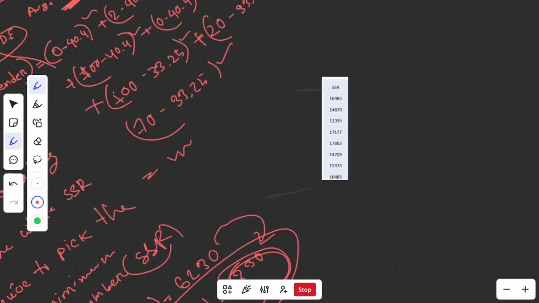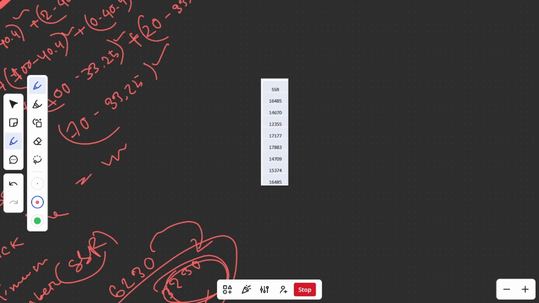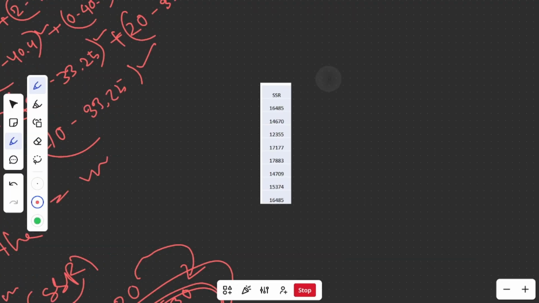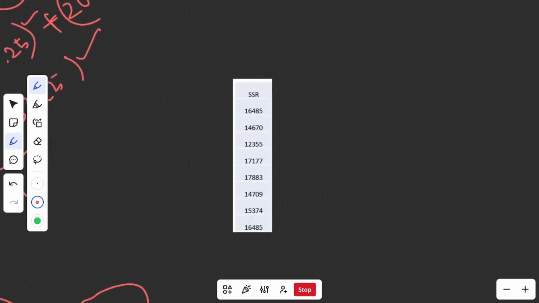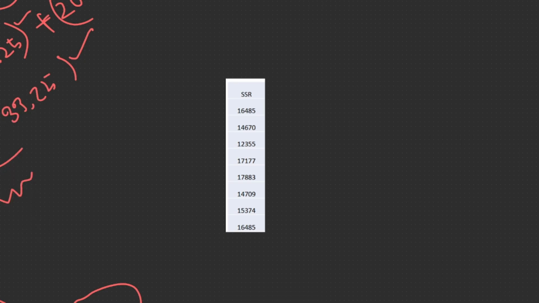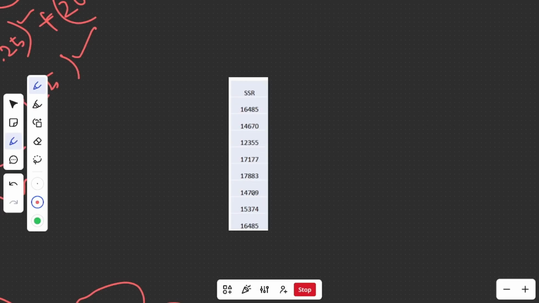Oh wait, I have kept all the SSR values of this table, so you can see the lowest number is 12,300.